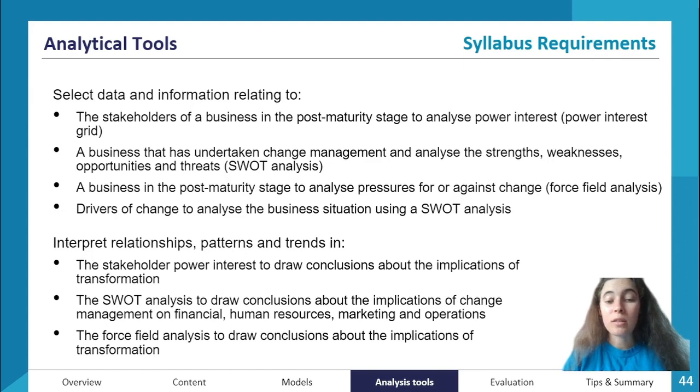The SWOT analysis, drawing conclusions about the implications of change management on financial, human resources, marketing, and operations. They're your 4 key business functions. And then the force field analysis can help you draw conclusions about the overall implications of transformation for the business.